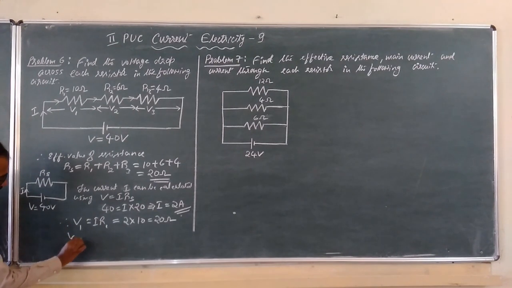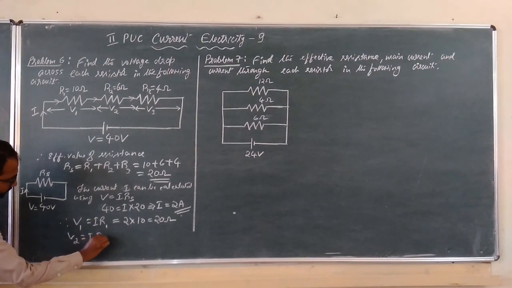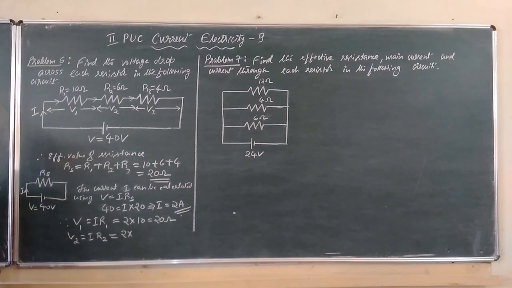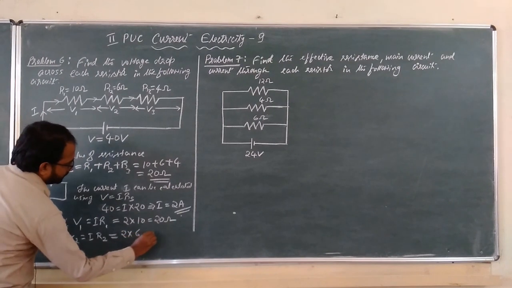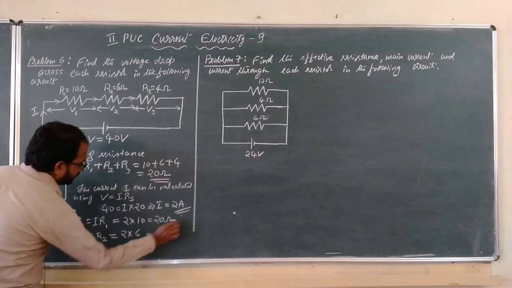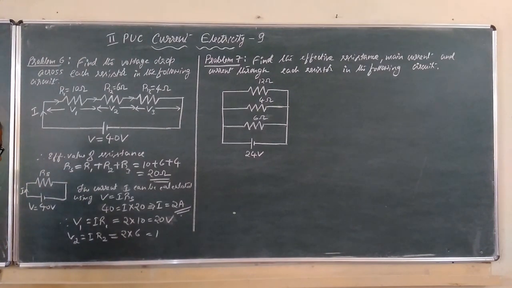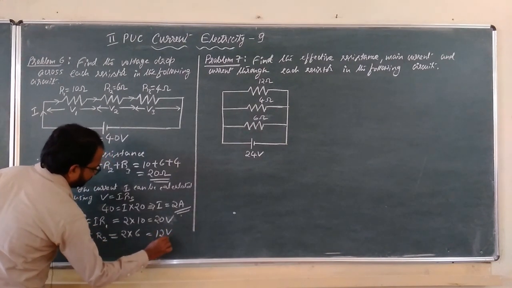So V2 is I into R2, which is equal to I is 2 ampere, R2 is 6 ohm, this is 12 volt.